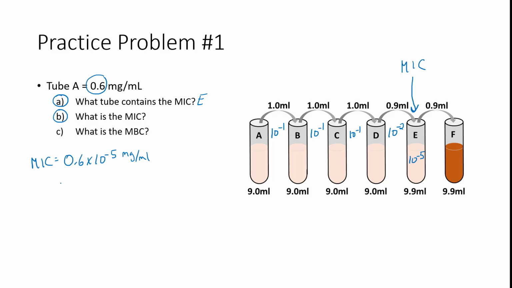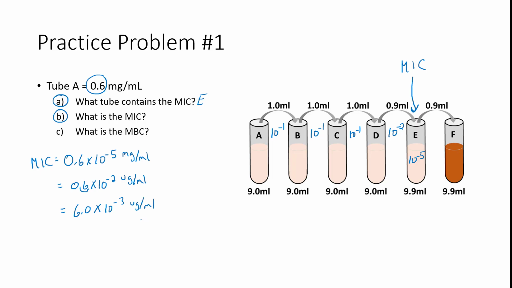We can convert that into micrograms per mL, since there are 1,000 micrograms in 1 milligram, by multiplying by 1,000. That gives us 0.6 times 10 to the negative 2 micrograms per mL. Then we can adjust that for proper scientific notation by moving the decimal, so that would make it 6.0 times 10 to the negative 3 micrograms per mL.